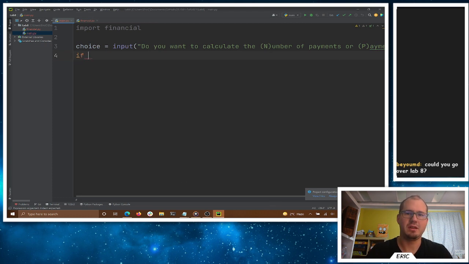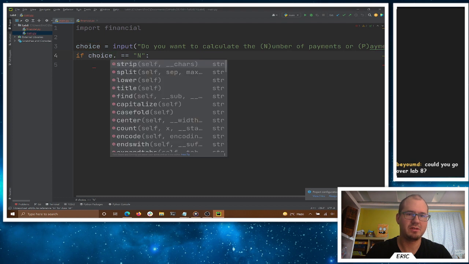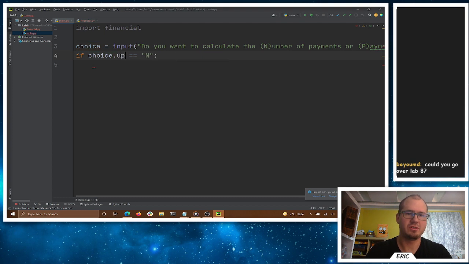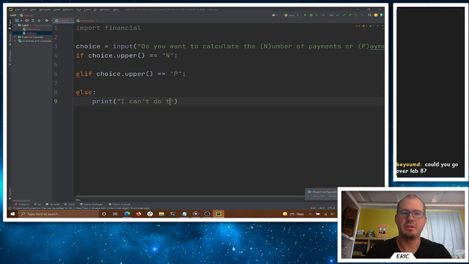Okay, and if the choice dot upper equals n, and probably do lower or upper, choice dot upper, I'll do that one. If choice dot upper equals p, then we'll do that one. Otherwise, we'll print. I can't do that.